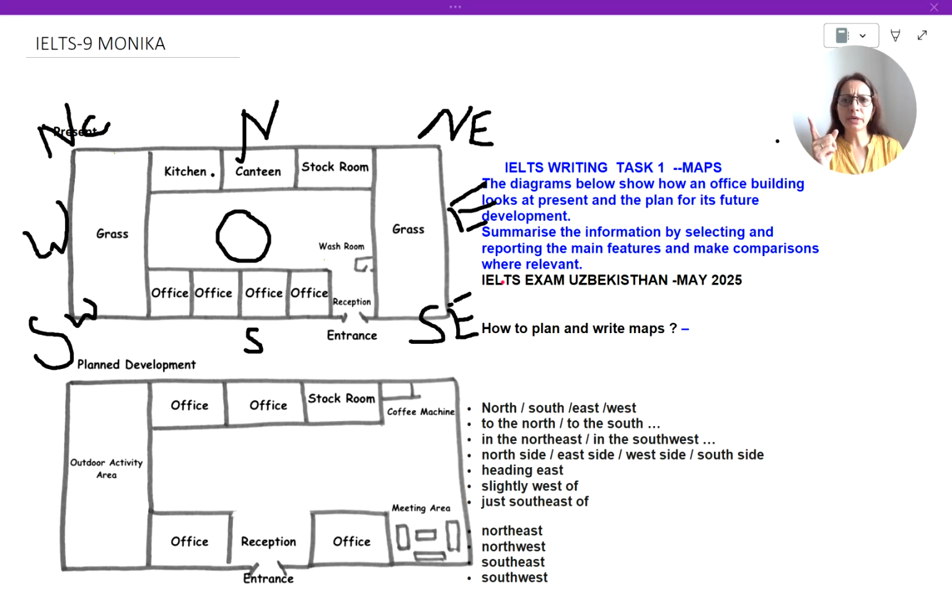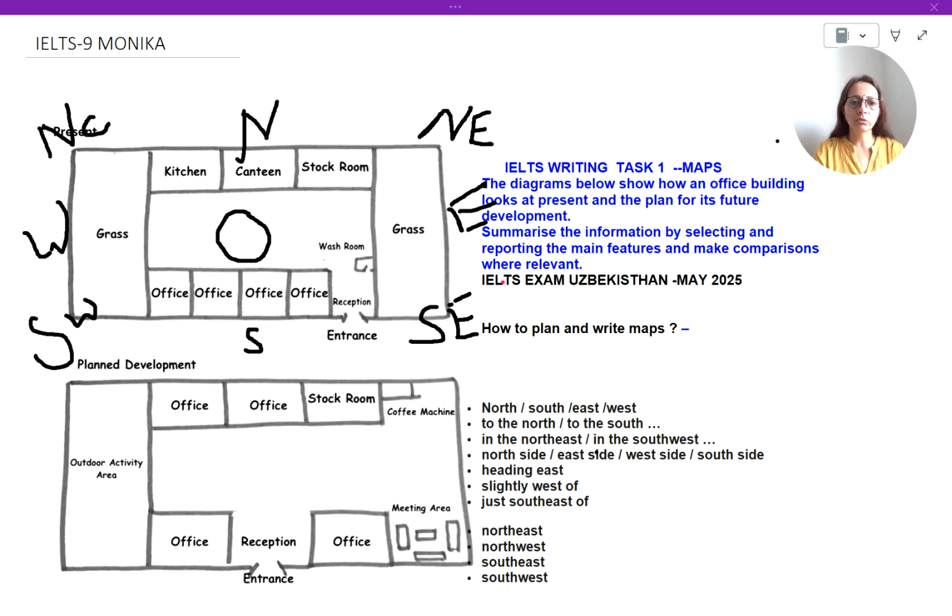Okay, now when we have to write towards the north, something is there. I can see there are three rooms: kitchen, canteen and storeroom to the north side. So we can write, to the north there are three rooms, namely kitchen, canteen and storeroom. Or to the south there are four office rooms, or four offices in the south direction. In the northeast, there is nothing, but in the futuristic map, in the northeast we can see one coffee machine installation will be there, because that is the future map.